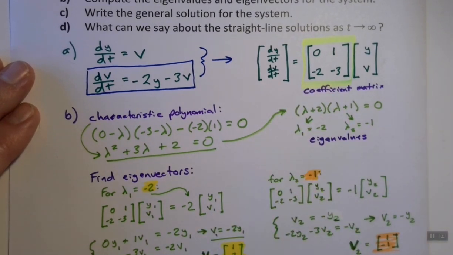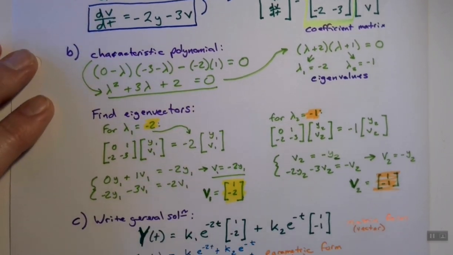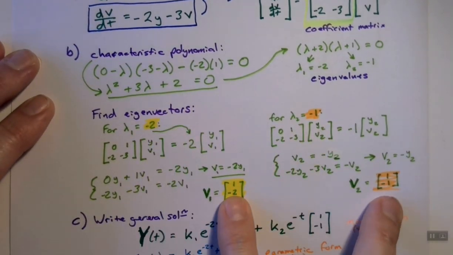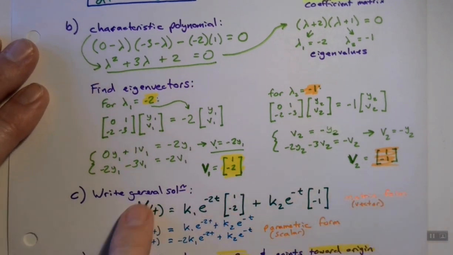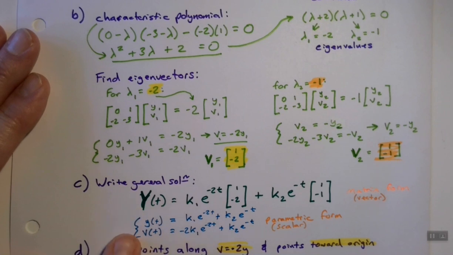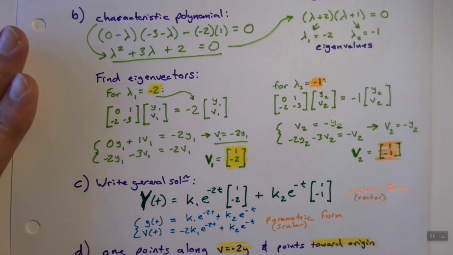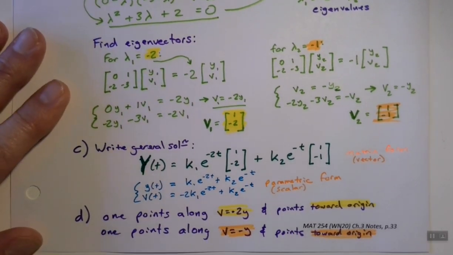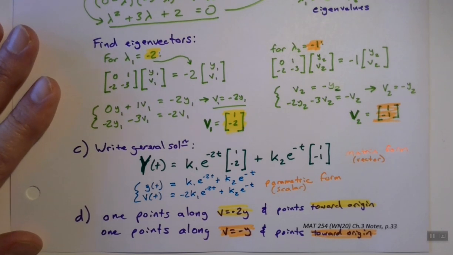We can solve it by using this eigenvalue eigenvector method, because as soon as you have the eigenvalues and their associated eigenvectors, you can create the general solution. And you can write the general solution either in matrix form or in parametric form. And either way, that tells you an awful lot about what's going on in the phase plane.